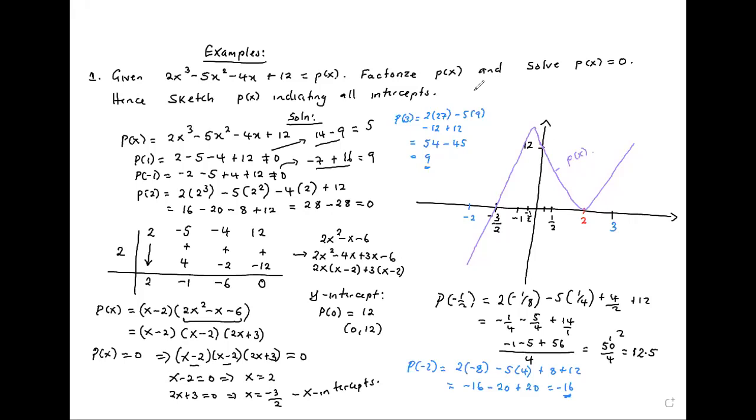So how is 2 our turning point? Because before you get to 2, you have positive numbers. After 2, you still have positive numbers. So it means that you cannot go beyond 0 from 2. All the y's are positive. That's how we know that 2 is a turning point.